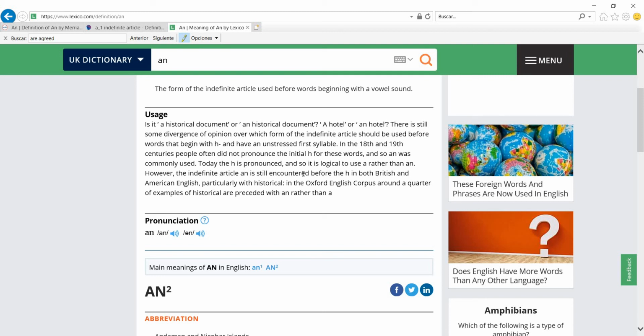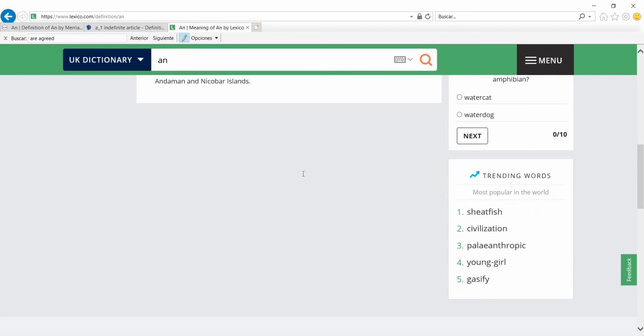Then in point number 8, Burchfield introduces the case of an unacceptable use, but I wanted you to see that people are saying things as a apple, a interesting, a ultimate, which is very odd, right?